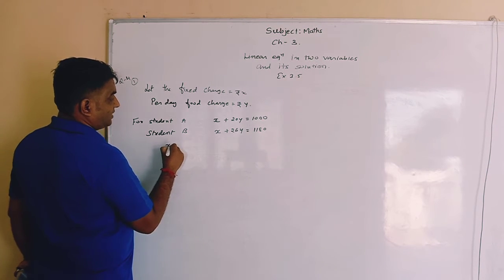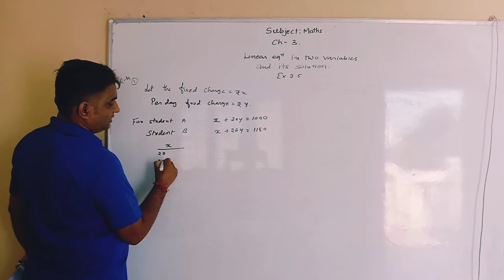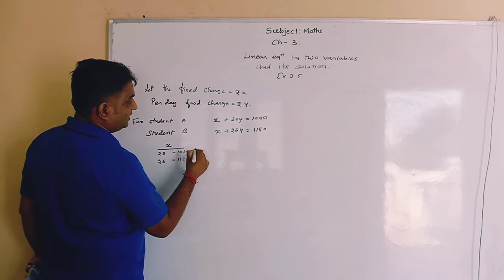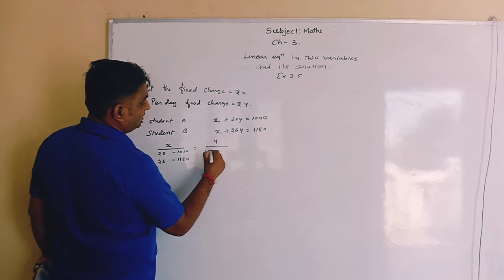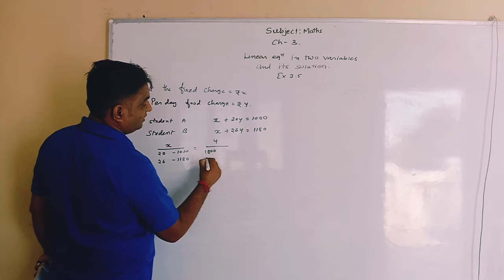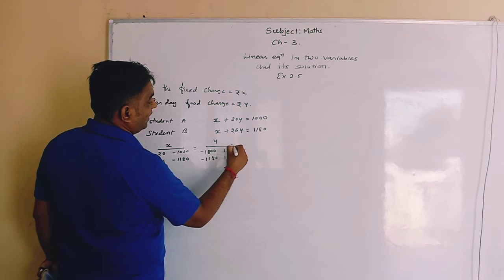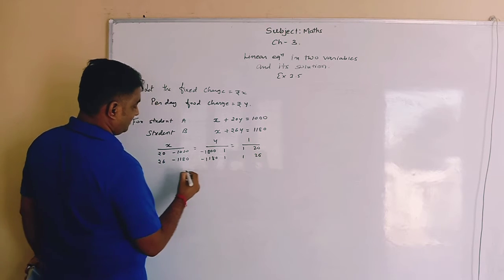Then x upon 26 minus 1000 upon 11 minus 1180, y upon 100,000, 1180 upon 11 and 1 upon 11 and 26.